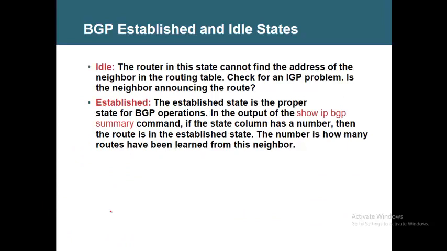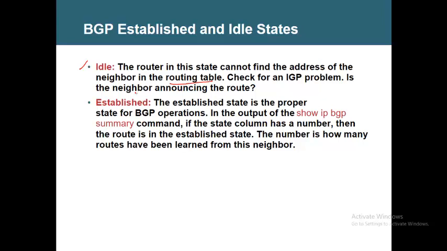See here, this explains when you will have the idle state. It will stay in idle state for a long time if you don't have a route in the routing table. When you want to see whether it is established or not, what command do I use to check the neighbor? I type show ip bgp summary.